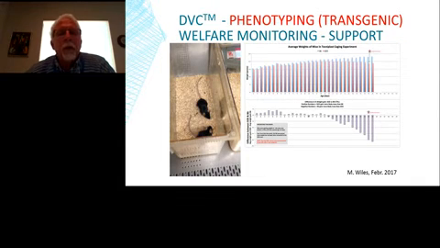Another thing activity monitoring can be used for is phenotyping. A lot of places are looking at many different transgenics, and we are seeing a huge increase with CRISPR-Cas9 and transgenic creation. As a result, doing the phenotyping on these is very important.